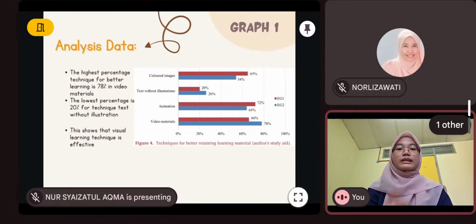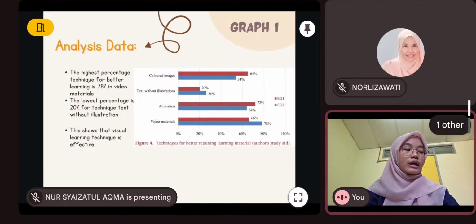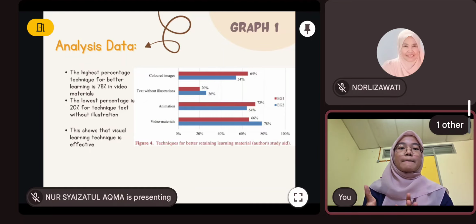So for this data analysis for this bar graph, it's showing the highest percentage of the techniques is 78% in video material for experimental group 2 for dentistry students, while for the experimental group 1 for medical care student, the highest score is in animation with 72%.